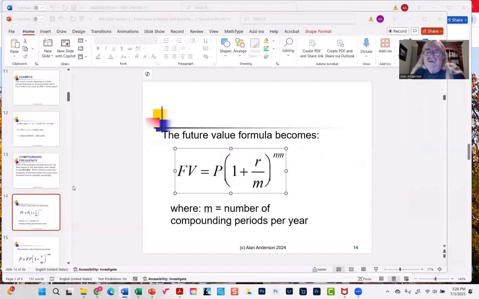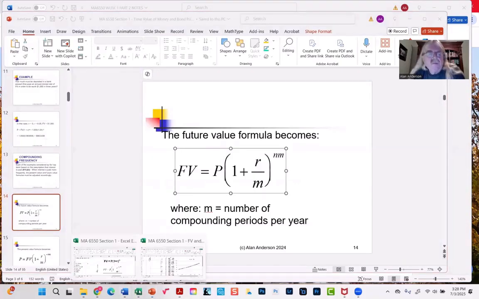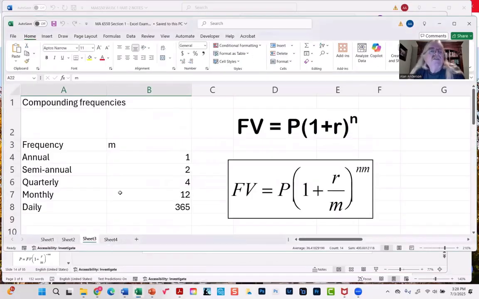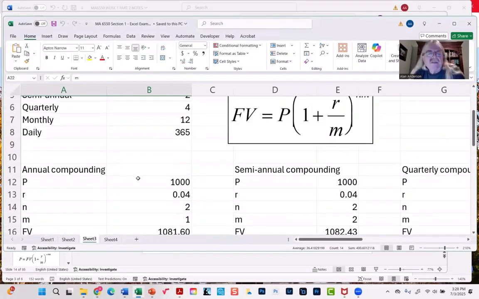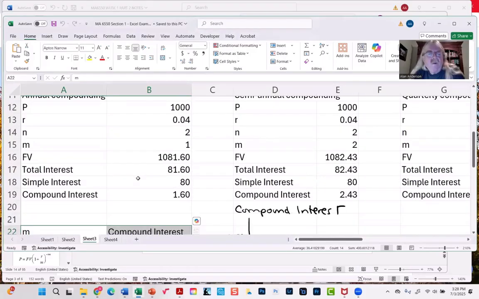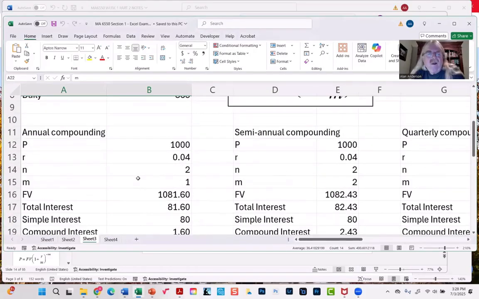Now, what's interesting about this is there's an Excel spreadsheet here that I set up called Section 1. And on sheet 3, it looks like we have the exact same example here, except there's a typo.